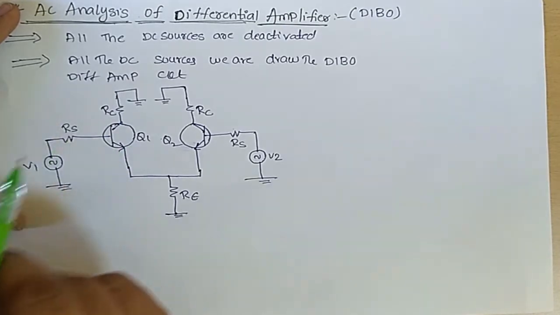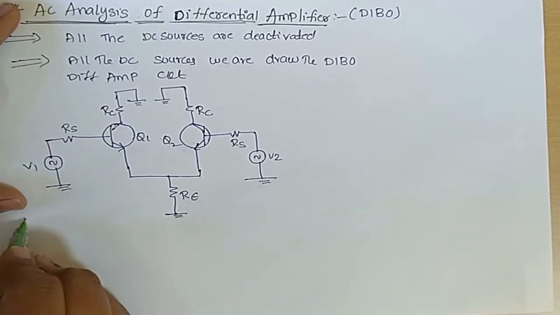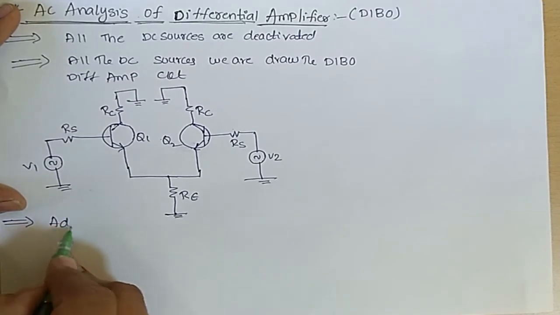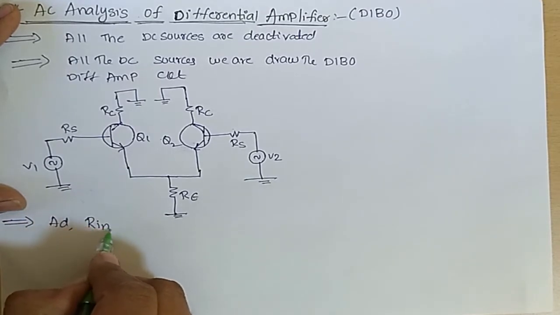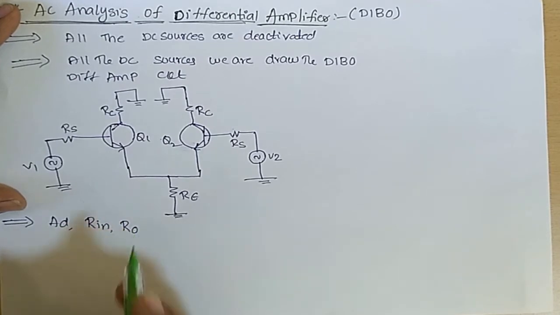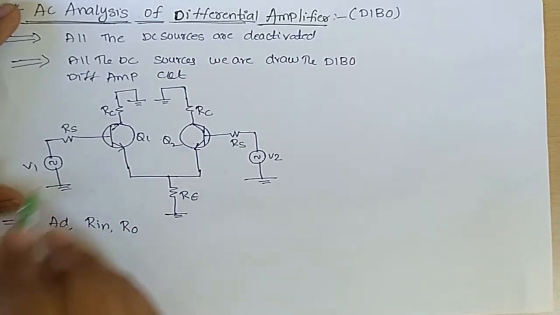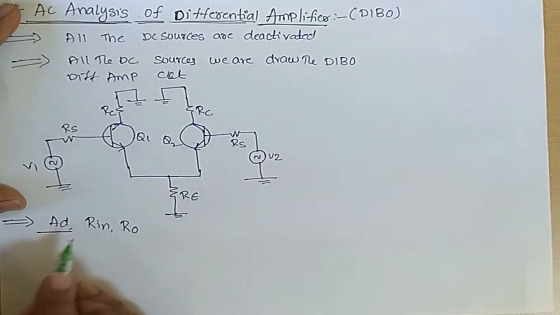In the AC analysis we are estimating the differential voltage gain AD, and we are calculating the input resistance of the circuit and the output resistance. Now we are estimating the differential voltage gain AD.